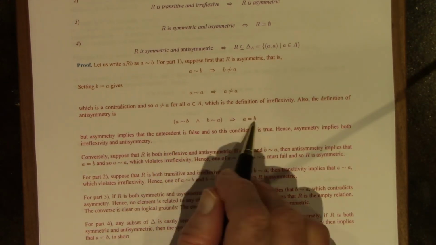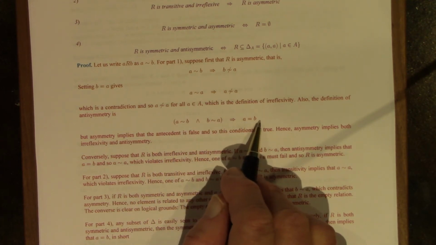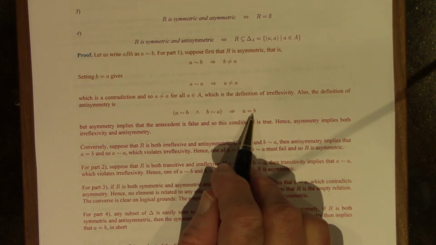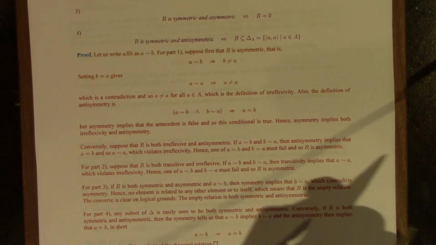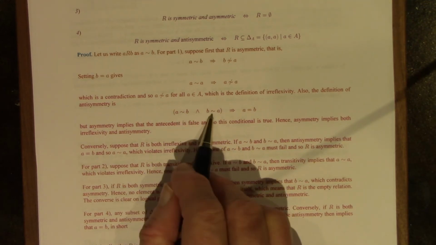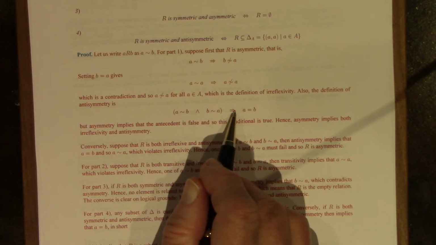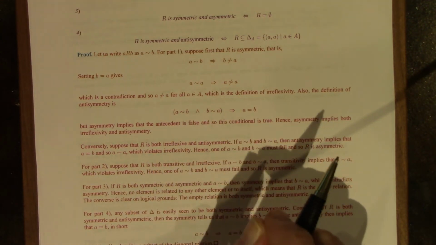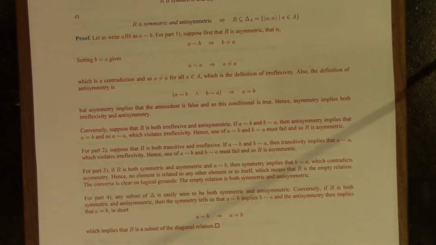Also, the definition of antisymmetry, which looks like this: A related to B and B related to A implies A equals B. This is the definition, but asymmetry, which we're assuming, implies that this antecedent is false. You can't have both of these. And when an antecedent is false, as you know, the conditional statement is true. So asymmetry implies both irreflexivity and antisymmetry.